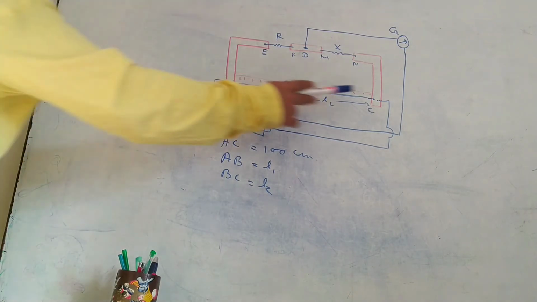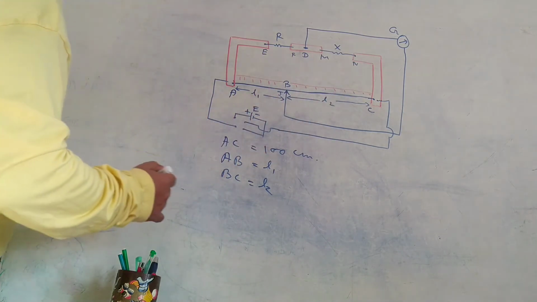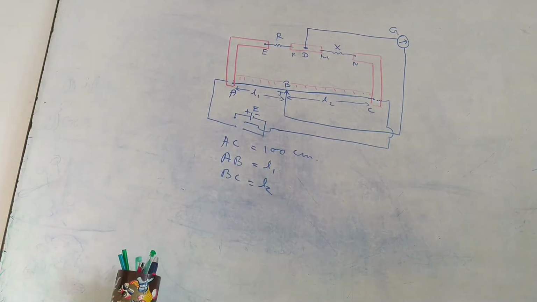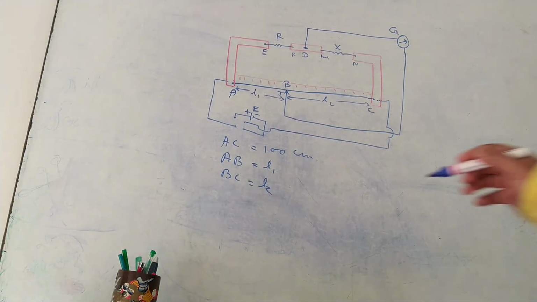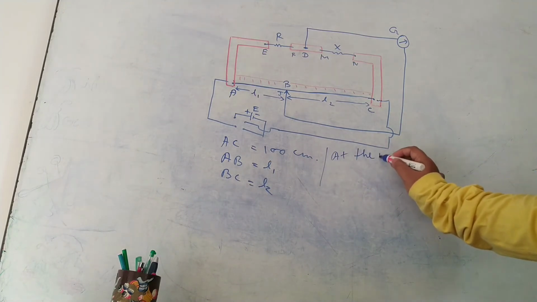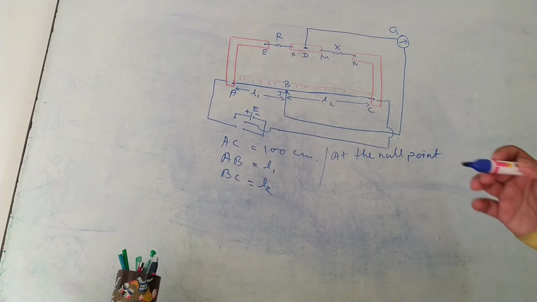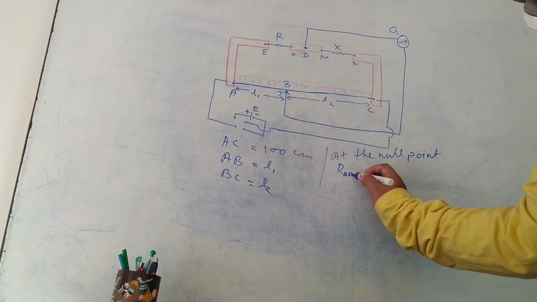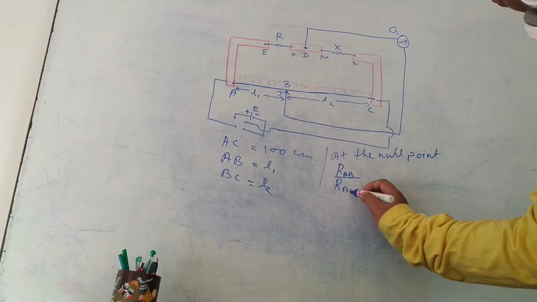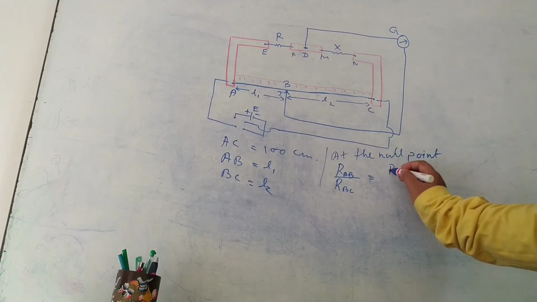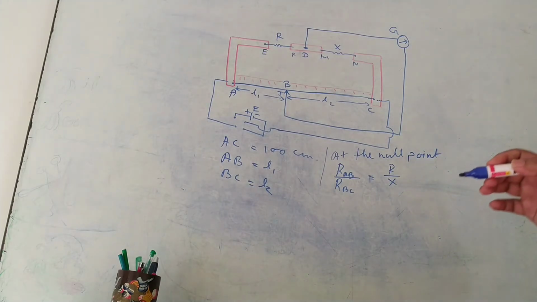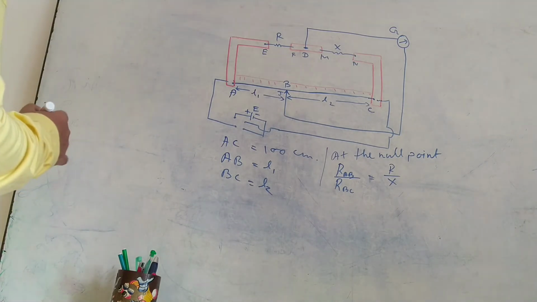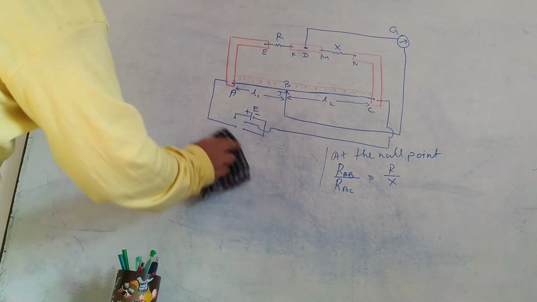We know that AC is a uniform wire, that's why its resistance is directly proportional to its length. Therefore, we can write that at the null point, or balanced condition of the Wheatstone bridge or meter bridge, resistance of AB by resistance of BC is equal to R by X, and you know that the resistance of AB is directly proportional to L1 and resistance of BC is directly proportional to L2.